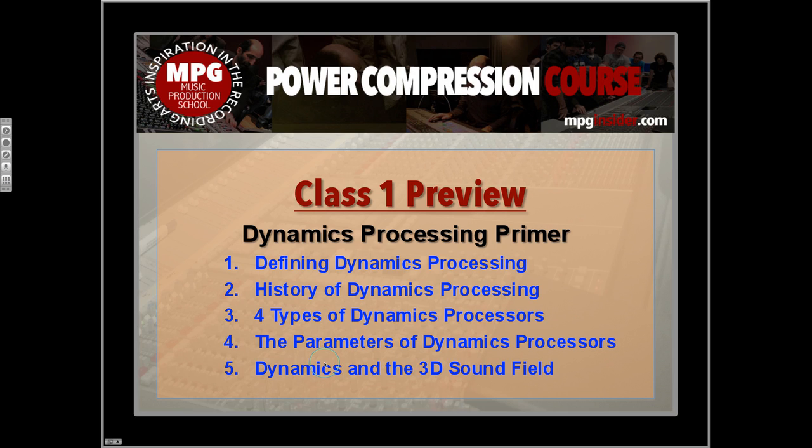So in terms of the history of dynamics processing, it really stems back to the broadcast industry and the film industry, but particularly the broadcast industry, because this is where the need for keeping things even came about.